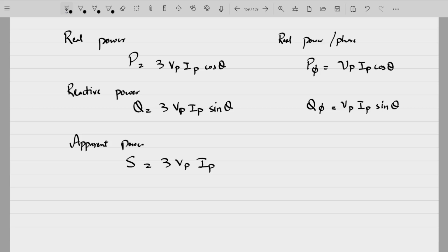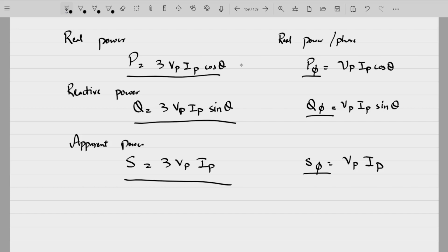There is no cosine or sine term here. Per phase, S per phase will be simply Vp into Ip. So this is reactive power per phase, this is apparent power per phase, and this is your real power per phase. And these are your values for total real power, reactive power, and apparent power, the units of which are watt, var, and VA, volt ampere.